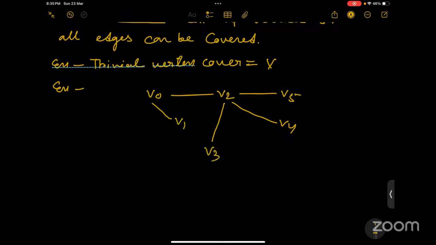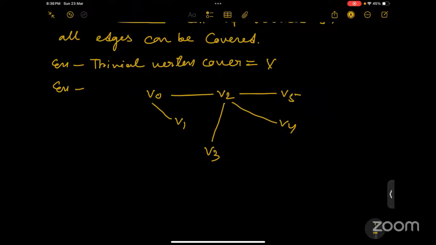Now we have to collect the vertices such that all the edges can be covered. If I take all the vertices, it will definitely cover all the edges, right? So this is the trivial vertex cover. And there will be a trivial vertex cover for any graph, right? For any graph, if I take the whole V, it will be a cover.